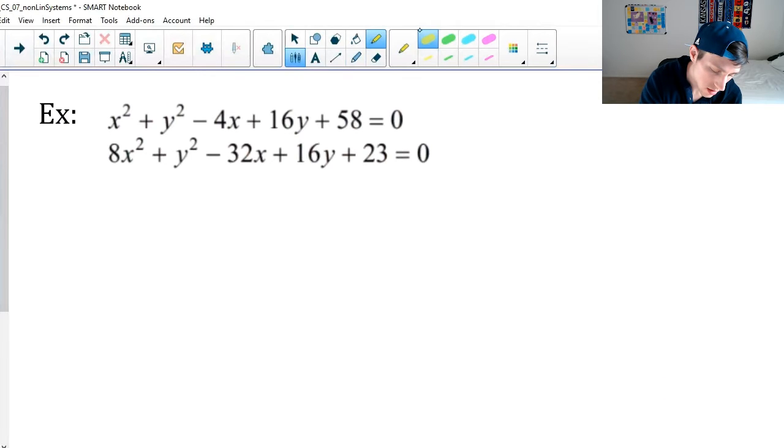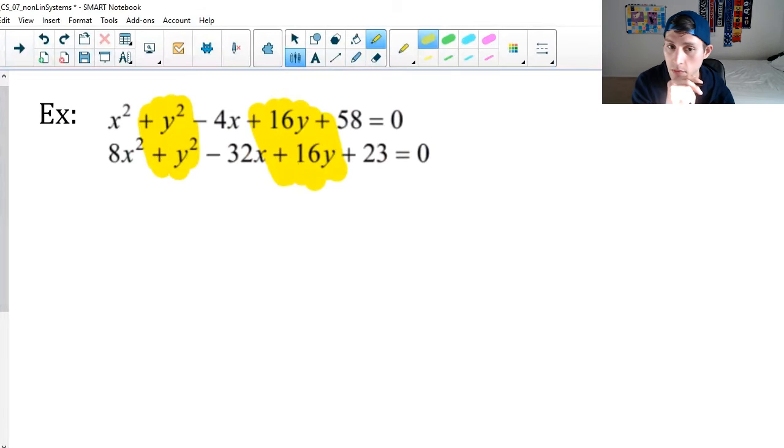Well, we have a good choice laid out for us here, in that we have y squared, 16y, 16y. So they're not opposite signs, but at least they're the same. So that will help us a little bit.